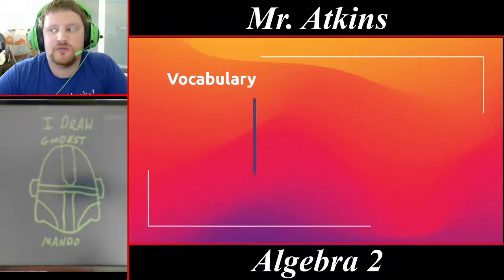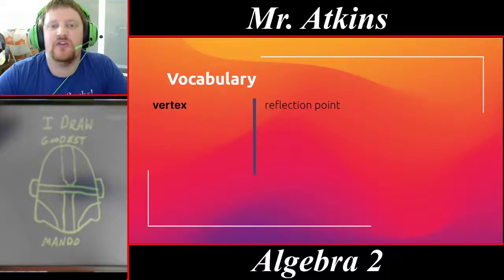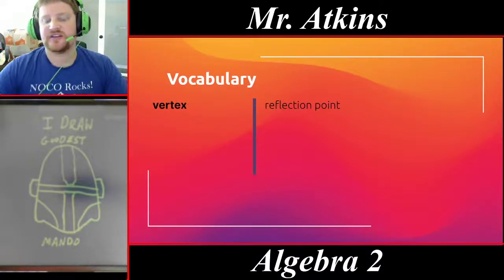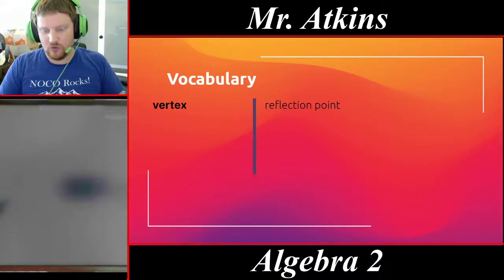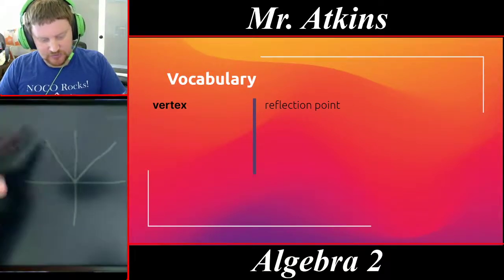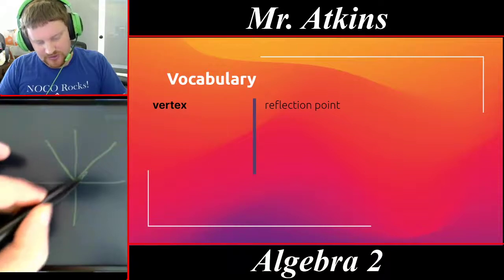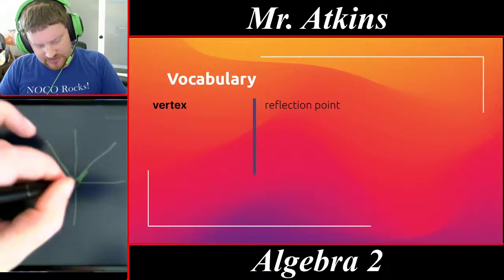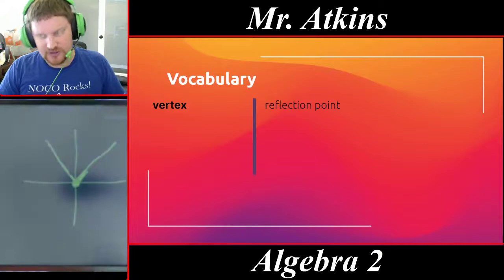First of all, the first piece that we need to know for absolute value equations is the vertex. The vertex is the reflection point, or where it changes from going one direction to going the other direction. So for this particular drawing, it's right there.